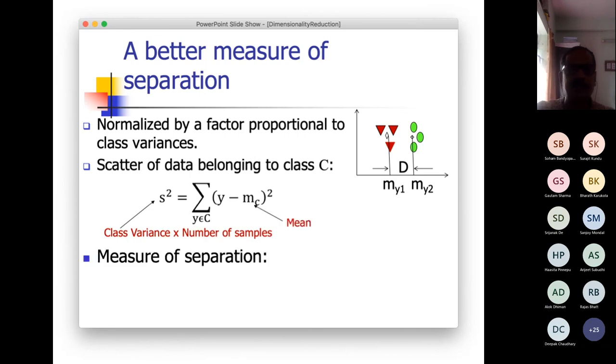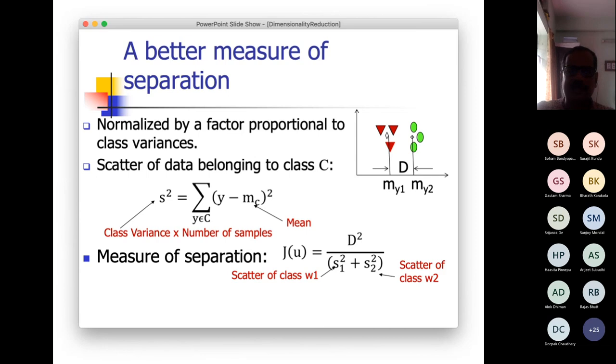The measure of separation is defined as the normalized one, so this is the objective function. To make it unitless, you simply square the distance d between the two means, and then divide it by s1 squared plus s2 squared.